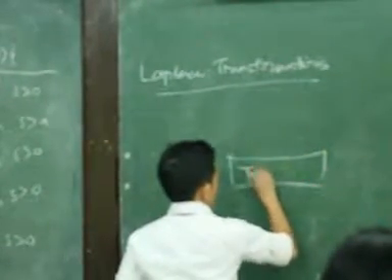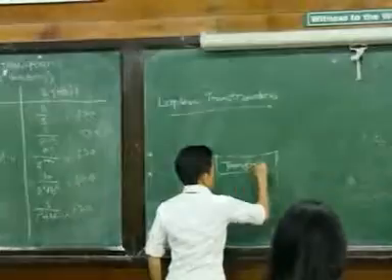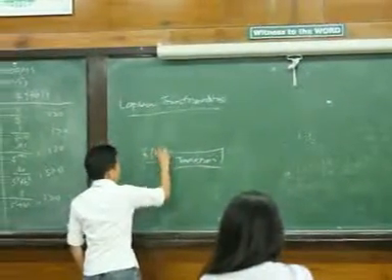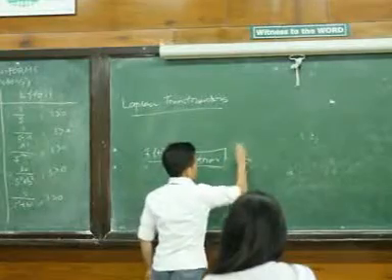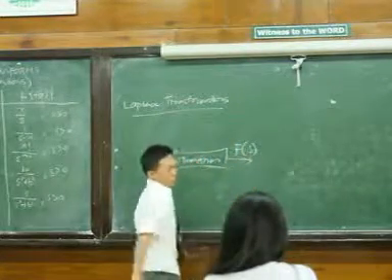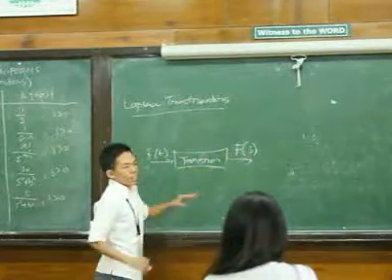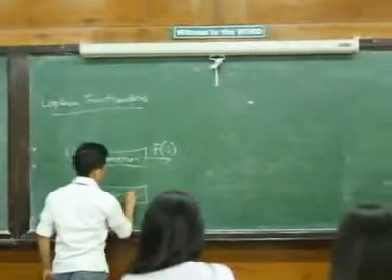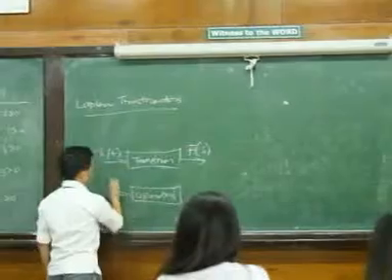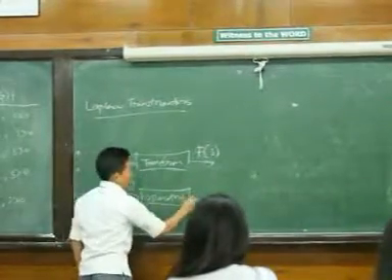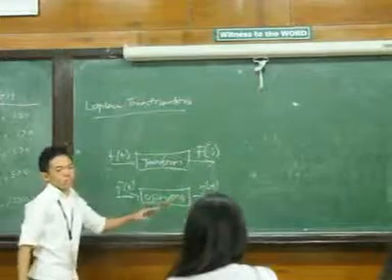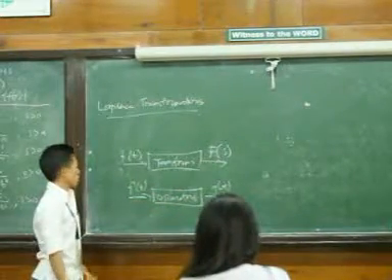Basically, if you have a function f of t, what you do in transformation is get a function of s. In operators, if you have a function of t, then you will get a function of t but a different function.